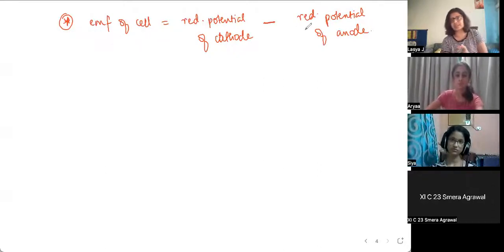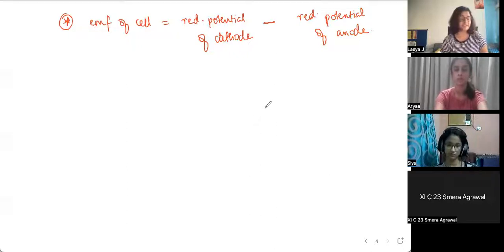The other is getting oxidized, like in the zinc copper pair, copper is getting oxidized, so its numerical value, the sign will get changed. No, zinc is getting oxidized, right? Copper will remain as it is, zinc is getting oxidized, so its numerical value, you'll change the sign.